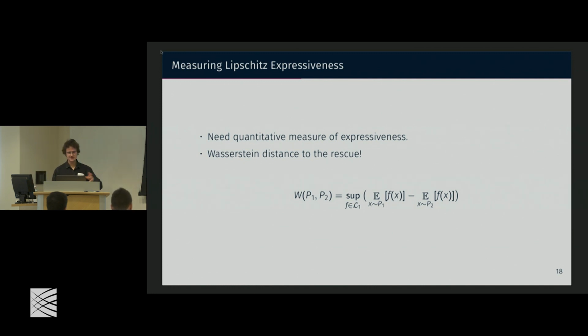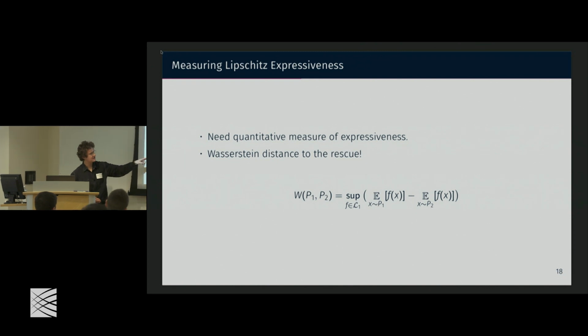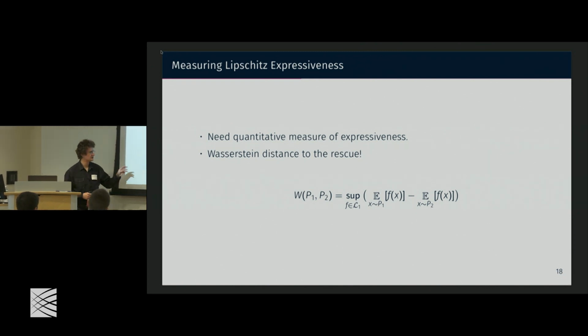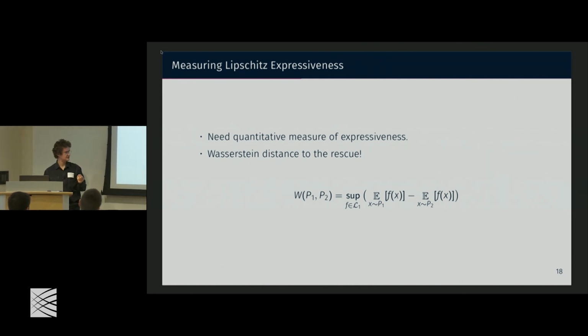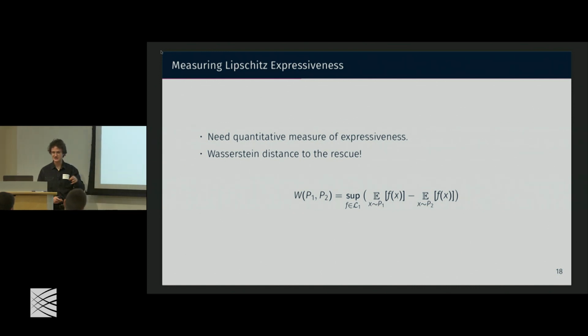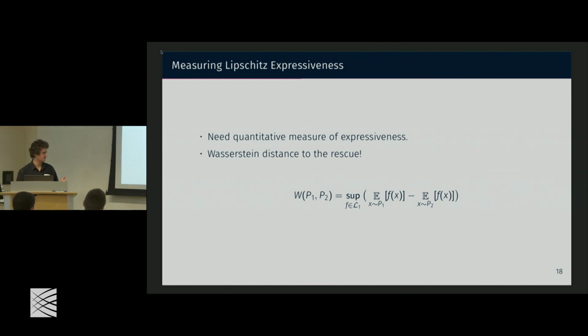If we come up with two probability distributions whose Wasserstein distance we can analytically compute, then on the right-hand side, basically what the problem is saying is find the Lipschitz function that will assign as high values to samples from one distribution and as low values to the other one, while obeying the Lipschitz property.